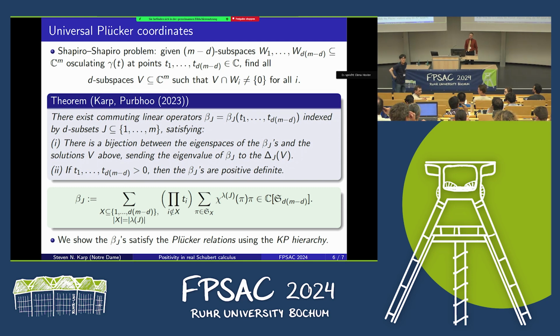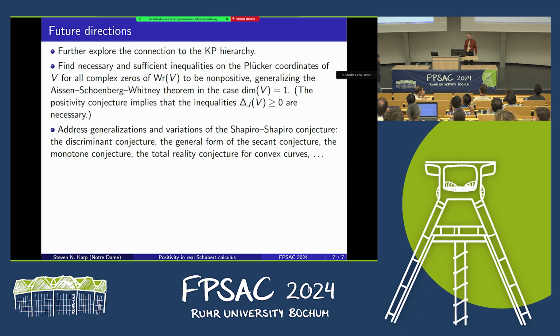Can you say a bit more about, in your last slide, you mentioned that you wish to generalize, the question is about the second point and future direction. So can you say a bit more about how you think of generalizing the Aissen-Schoenberg-Whitney theorem? Yeah, so in the case that d equals 1, our theorem is saying that if you have a polynomial with all real and negative roots, then it has positive coefficients, or that's what the positivity conjecture is saying.